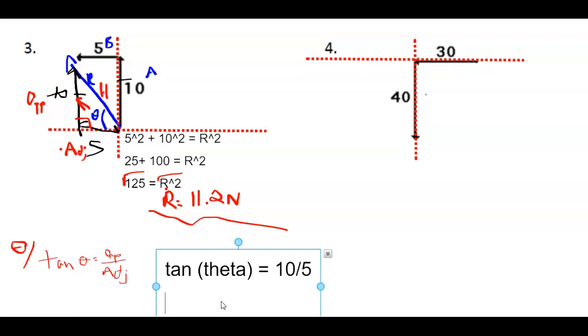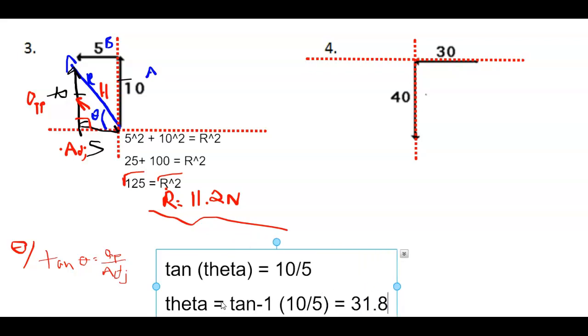I want to get theta all by itself. So theta is equal to tan negative 1, or arctan, remember, of 10 divided by 5. If you do that, the answer is like 31.8 degrees. And the last thing we have to do is describe where that angle is going.